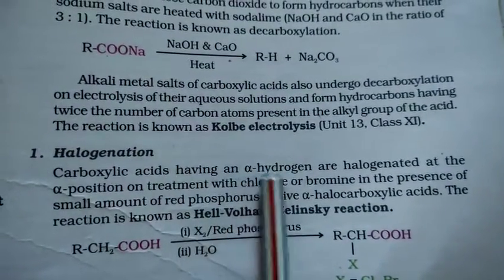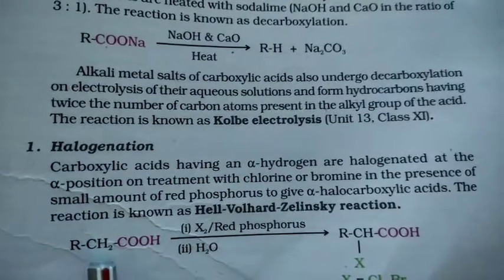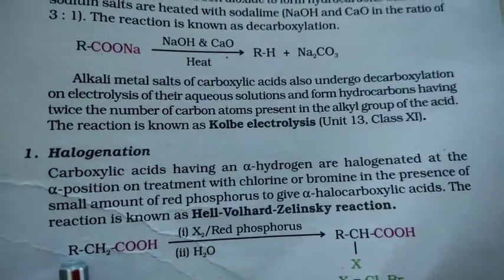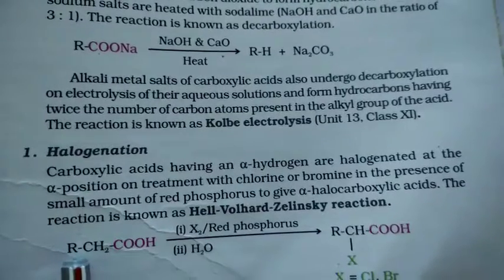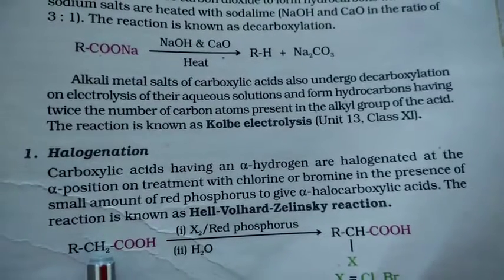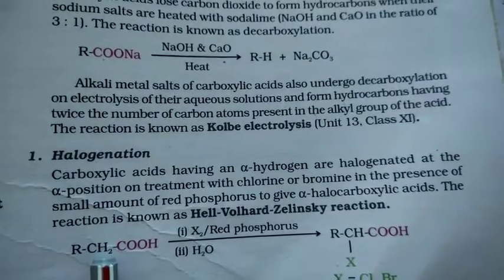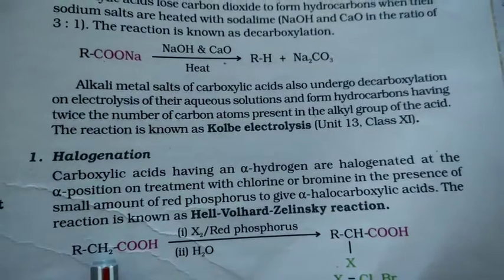Carboxylic acids having an alpha hydrogen. When you used to write the reactions, they always used to mention RCOOH, right? But here they have specifically mentioned one carbon extra because we need that alpha carbon and alpha hydrogen.